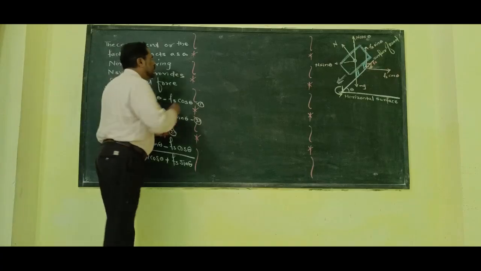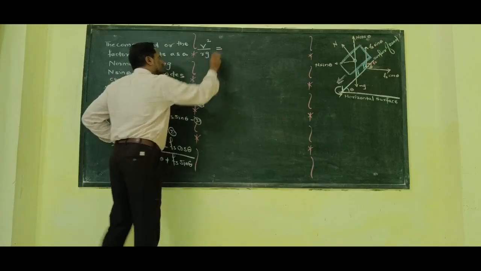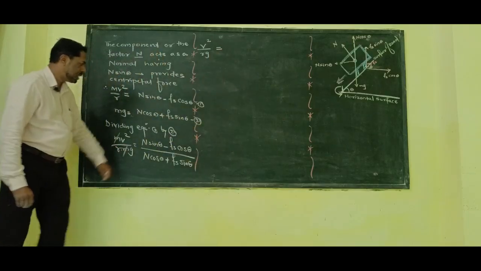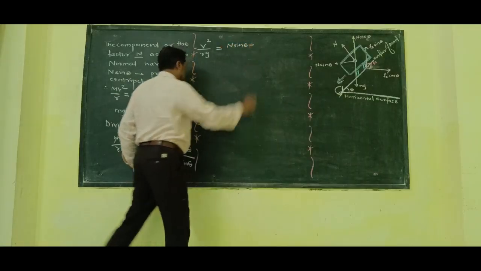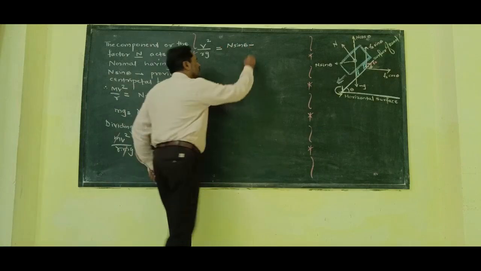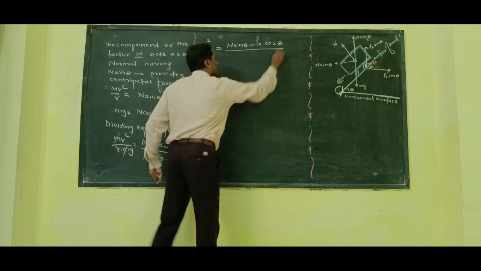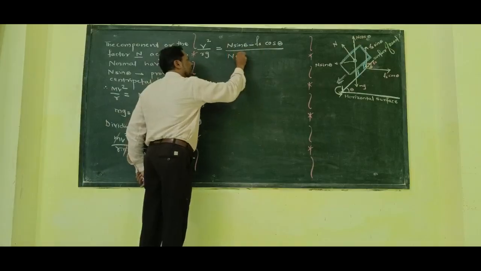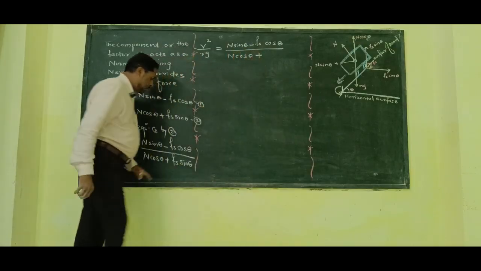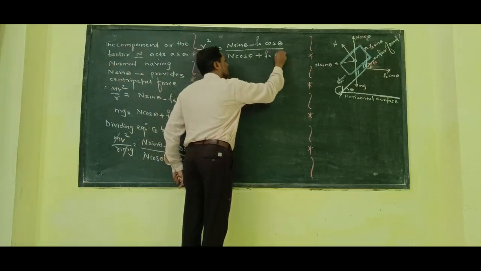What we get is v square upon rg is equal to N sin theta minus Fs cos theta in the numerator, over N cos theta plus Fs sin theta in the denominator. Watch it carefully.